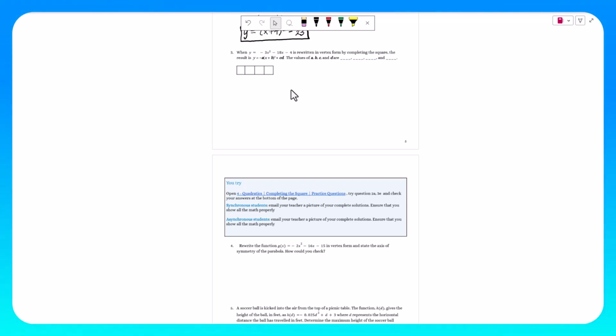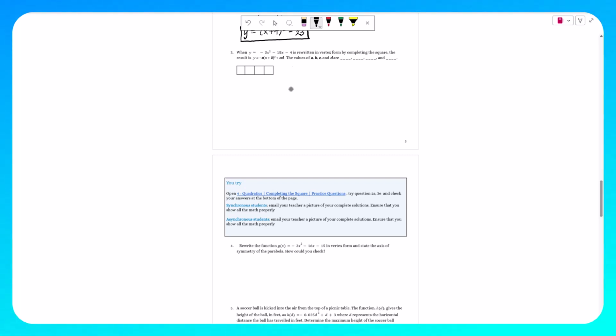Then x plus b, so we know the value in here is going to be positive, plus a 2-digit number on the end. This gives us a lot of information and will help us make sure we don't make any mistakes: a negative a, a positive b inside, and a 2-digit number on the end.